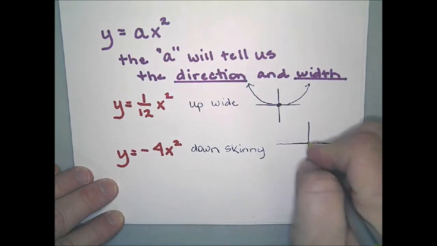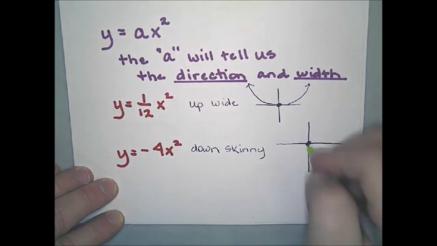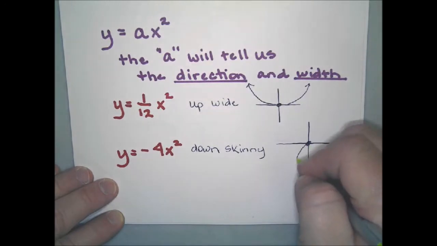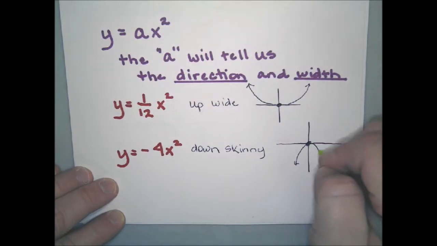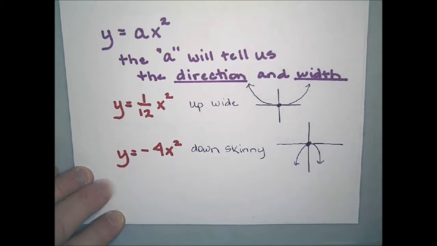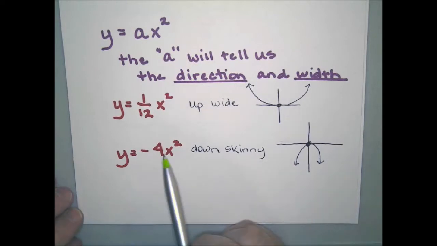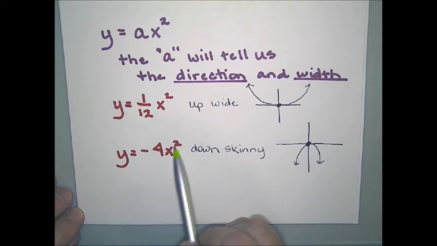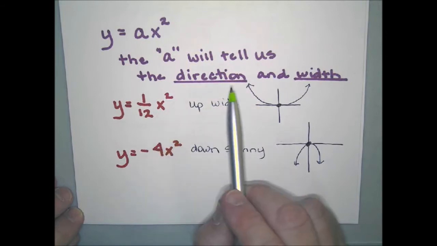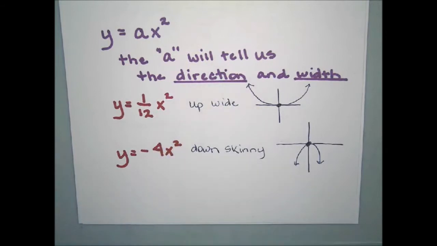The vertex is still at 0, 0, but I would just make sure I make a down parabola that's on the skinny side. And so that's the first thing we want to make sure you understand: the A value, which is the leading coefficient of the x squared, determines the direction and the width of the parabola.